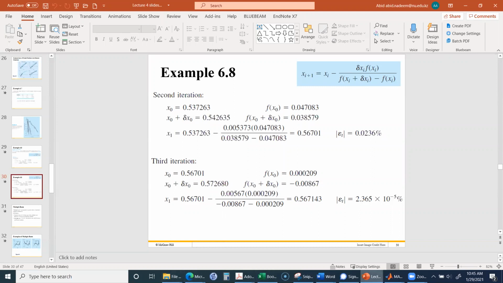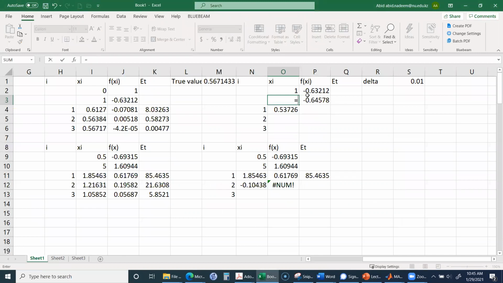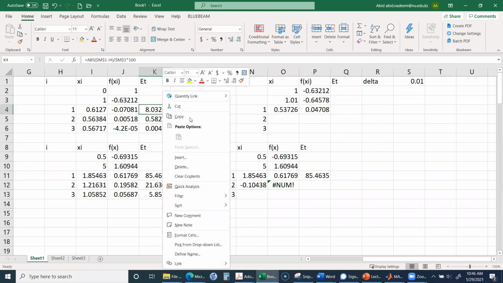So in this case, I need to make some change in the formulation. Here it is equal to the first value plus this first value multiplied by this delta value. The delta value is here, and I need to put it as a constant, so it will be 1.01. Then I get the value of the function over here, and the true percentage error.